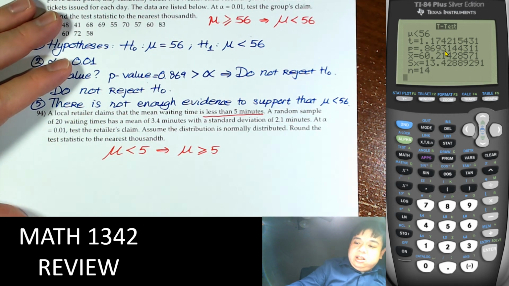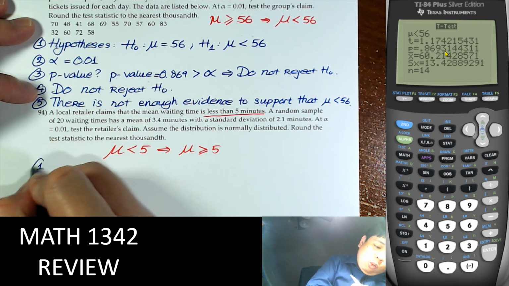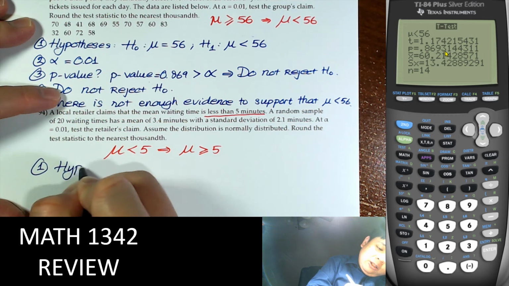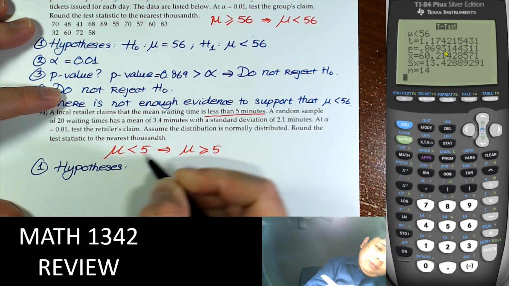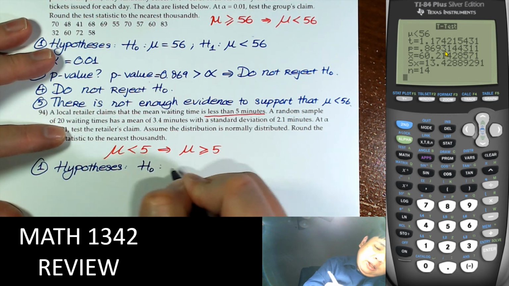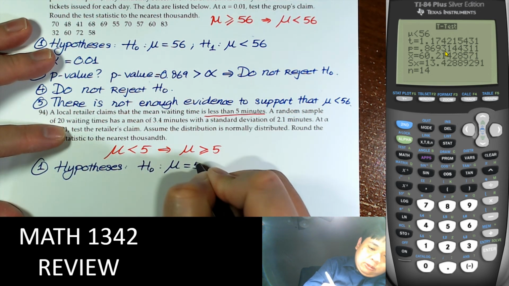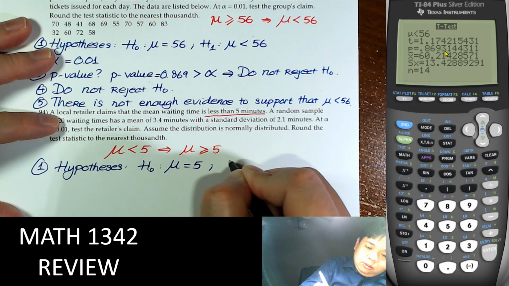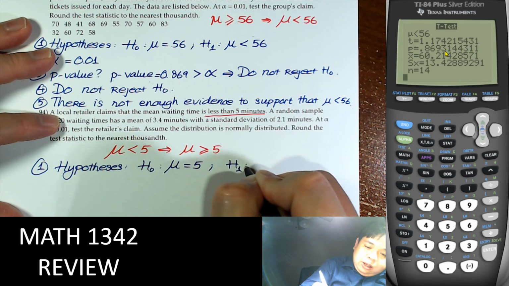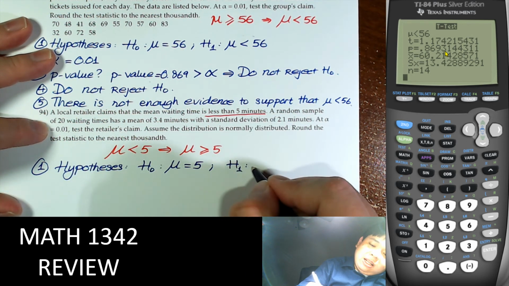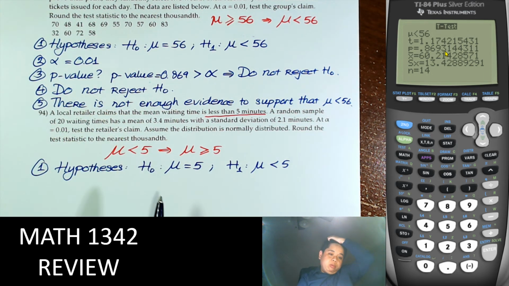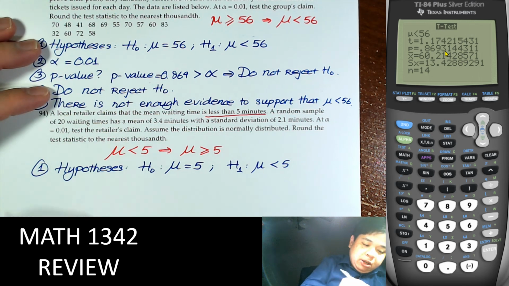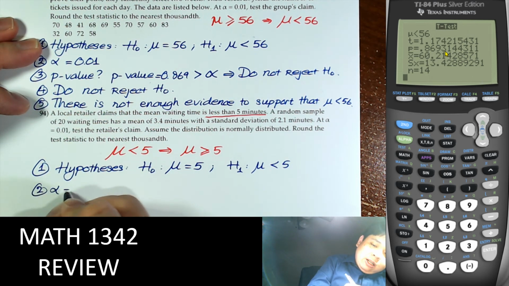So this is the one with the equal sign, the null hypothesis, equal to. And the alternative will be less than. We only write the null hypothesis with the equal sign. Now alpha is 0.01.